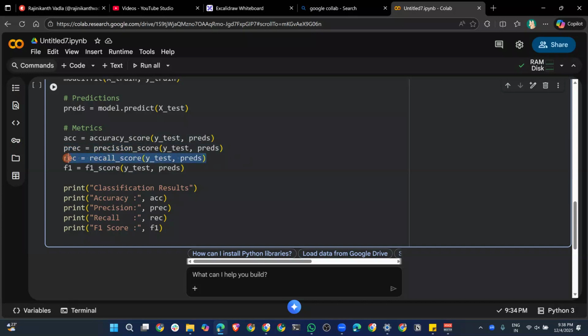Recall is: out of actual positives, how many did the model correctly catch? And F1 score is a combination of precision and recall. It is the best when the data set is imbalanced, as it tries to find the best balance.